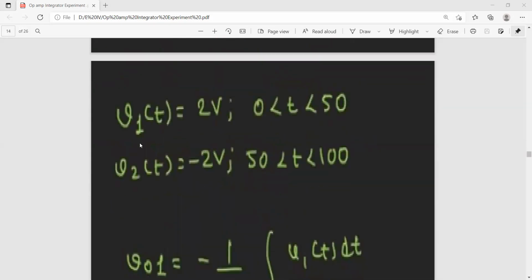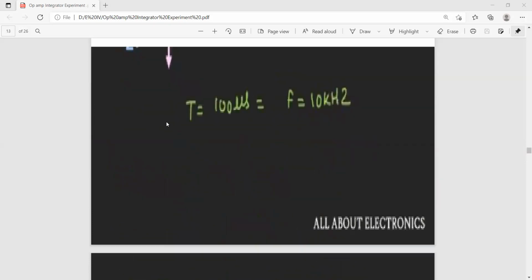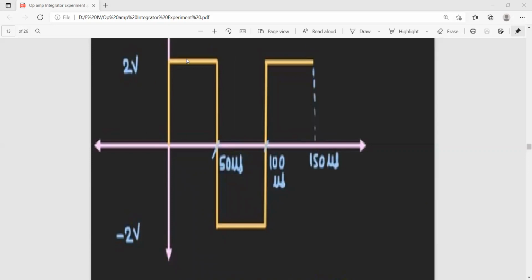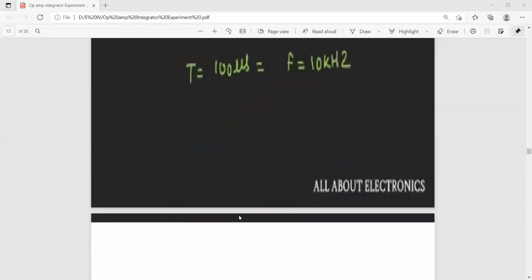For the positive signal, that is from V1, it is in the 2 volts range. From this region, the first 50 microseconds, the voltage is plus 2 volts, and the next 50, that is 50 to 100 microseconds, is minus 2 volts.